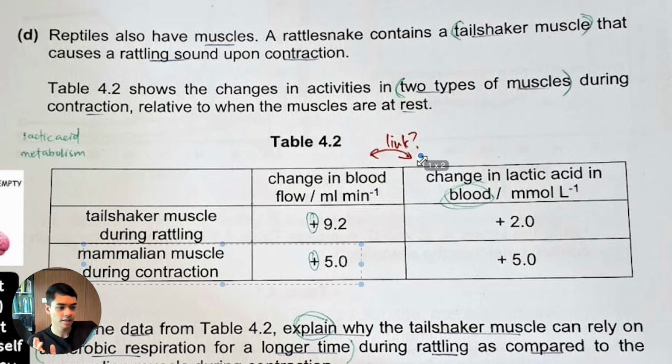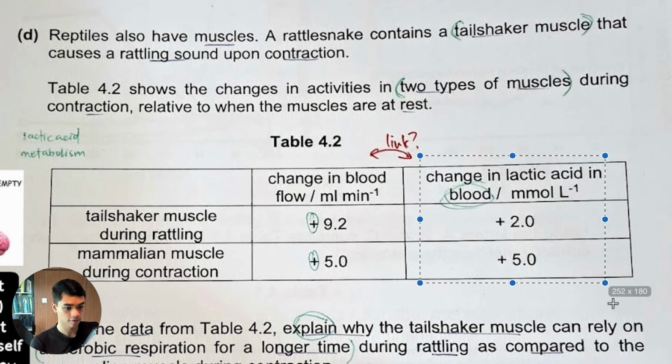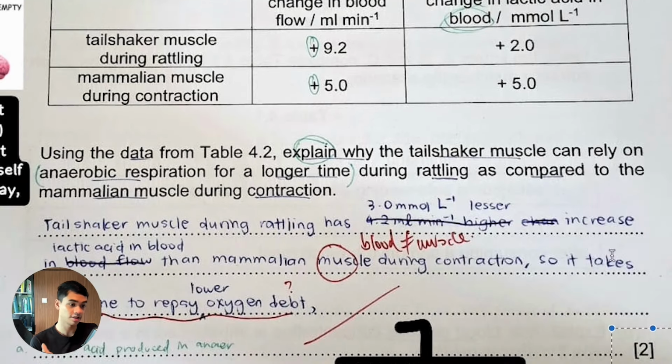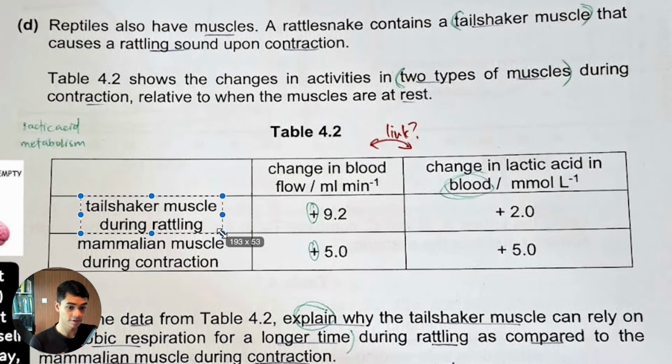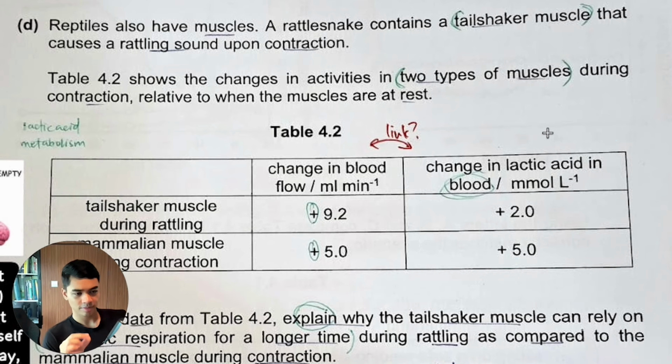Then the other piece of evidence we have, you see, it's a 2-mark question. And we're later going to explain why this muscle, the tail shaker, can do anaerobic respiration for longer. So one of my marks must come from this. This must explain something. And then the next one is change in lactic acid in the blood. What does this mean? When the blood goes to the muscle and removes the lactic acid from the muscle, then the blood's lactic acid will go up, because it's taken on the lactic acid from the muscle.